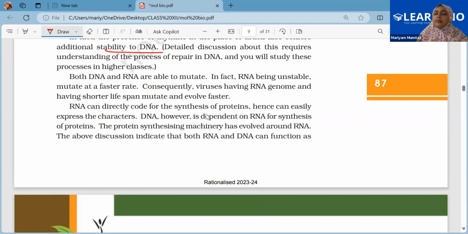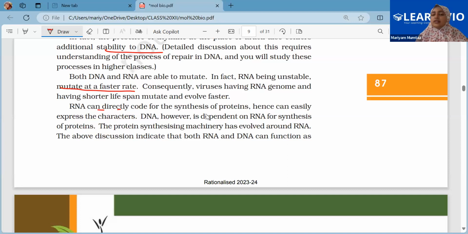In fact, RNA being unstable mutates at a faster rate, which is not something that we require of a genetic material. Consequently, viruses having an RNA genome and having shorter lifespan mutate and evolve faster. That is why viruses can change so quickly: they have a scope for mutation much faster as compared to DNA.